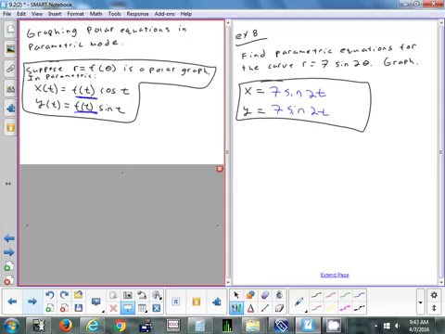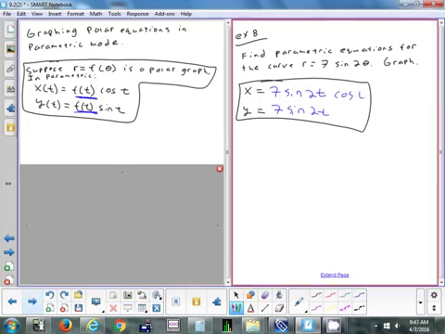Now, there's something you have to tack on to the end of both of them. What do you tack on to the end of the x? You put cosine t. And what about on the end of the y? Sine t. That's all you have to do to change something from polar to parametric. Write your original function with t's. Put cosine on the end for the x. Put sine on the end for the y.